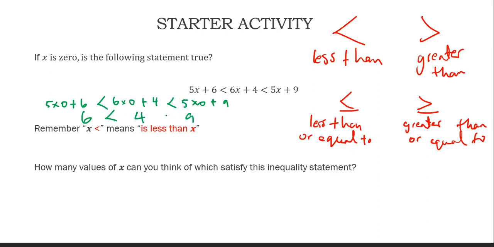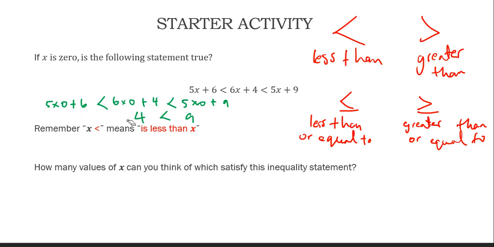Does this statement make sense? 6 is less than 4, 4 is less than 9. Part of this statement is correct in that 4 is less than 9, not bad. But 6 is less than 4 does not make sense because 6 is greater than 4. So this statement doesn't actually make sense.